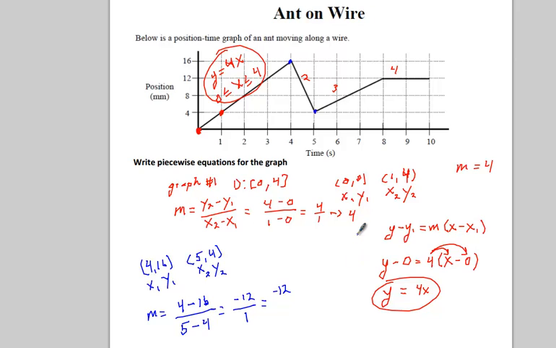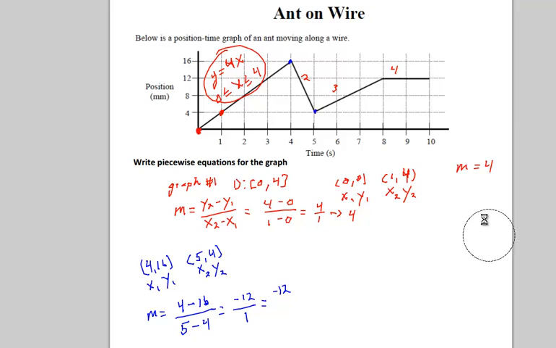Now, the second step in all of this, the point slope form, you're going to have to do a little bit more work. So I'm going to have to erase all of this right here. I hope you have this written down. If not, pause it and go back to it. So y minus y1 equals m times x minus x1.